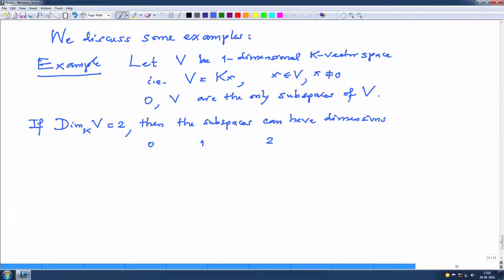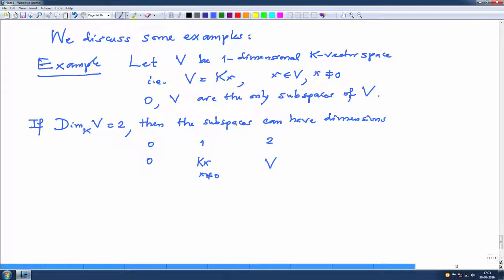If it is a 2 dimensional subspace, then the only 2 dimensional subspace is V, because we have noted that if somebody is a subspace of dimension equal to the dimension of the ambient vector space, then it has to be equal to that. 1 dimensional subspaces are precisely generated by 1 element, it has a basis consisting of 1 element. So, it is of the form Kx, where x is a non-zero vector, and 0 dimension is the 0 vector space, the 0 subspace. So, these are the only possibilities.